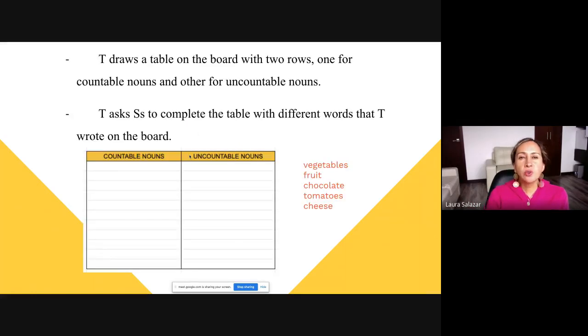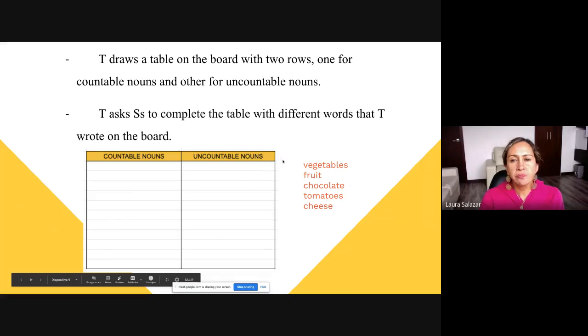Then the teacher will draw a table on the board with 2 columns. I have one on the left that is for the countable nouns, and one on the right that will be for the uncountable nouns, like the one that I am showing you here. Teacher will ask students to complete the table with different words that the teacher wrote on the board.